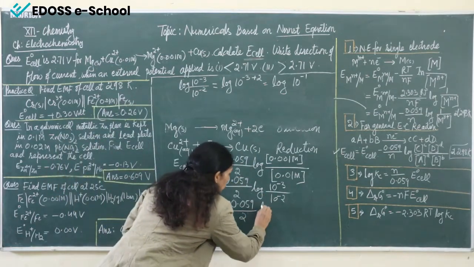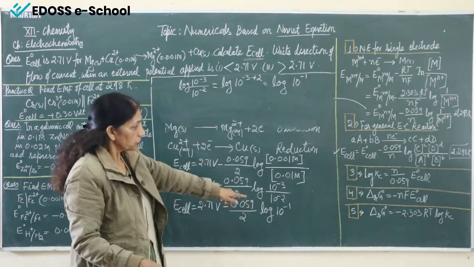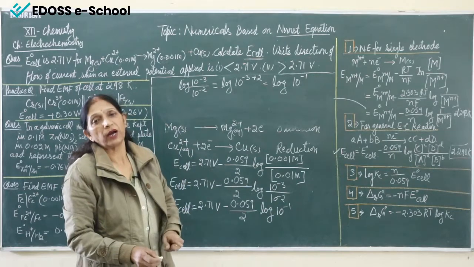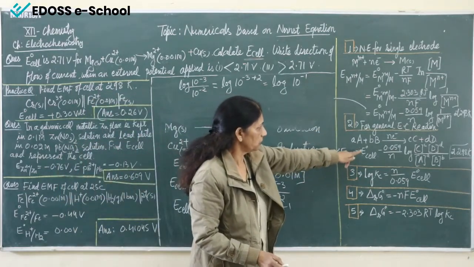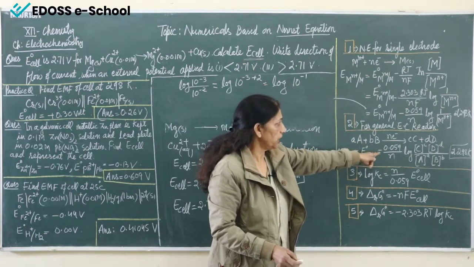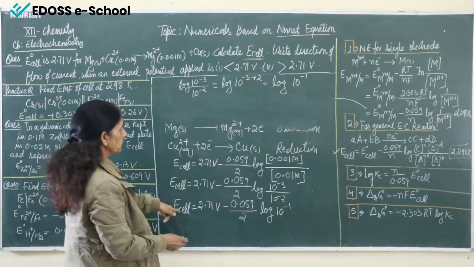So we will put here log 10 raised to power minus 1. Now it is difficult for us to solve 10 raised to power minus 1. So what will we do? In this formula, we will change this value into plus. The same value, we can write it this way also.